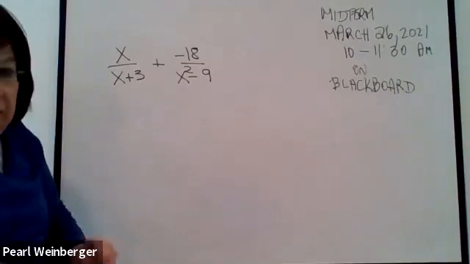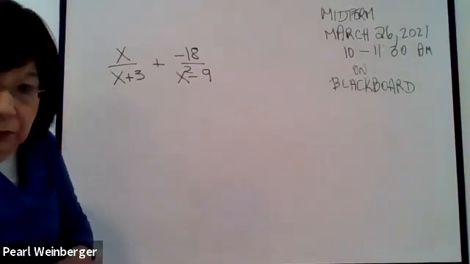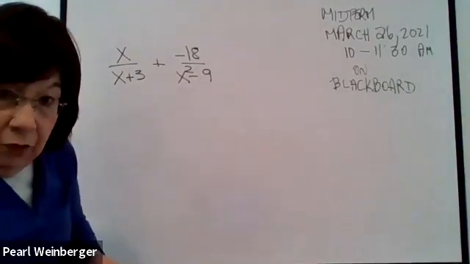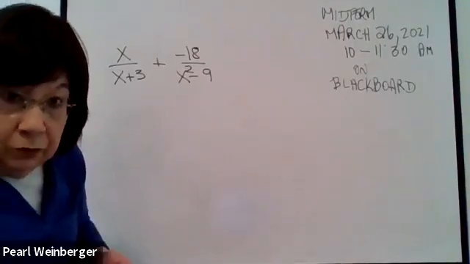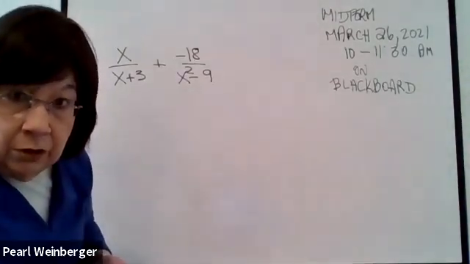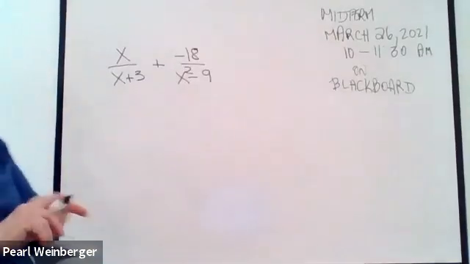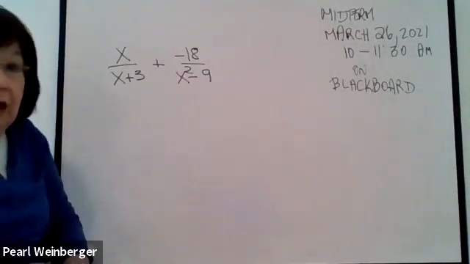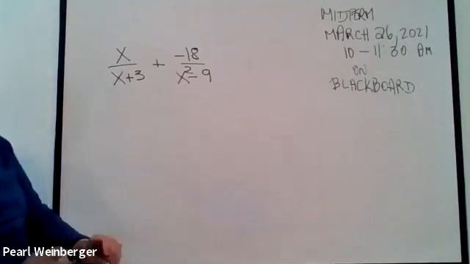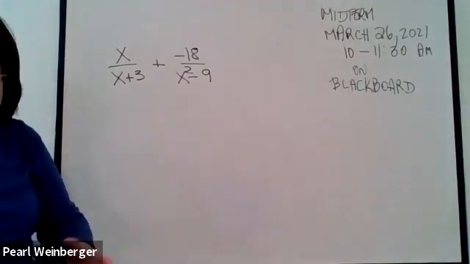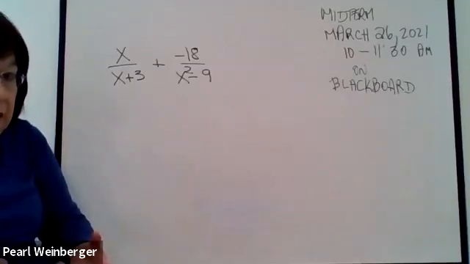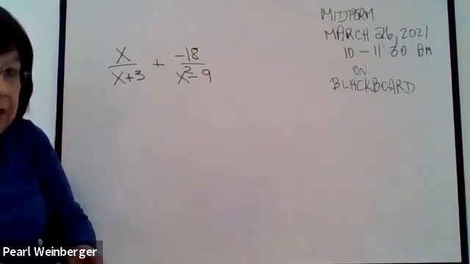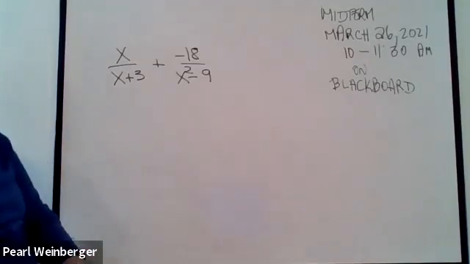Okay, this is different. Before we were dealing with monomials. Now we happen to have polynomials in our denominator. We still have to find a common denominator. We still have to get the same denominator for both fractions.